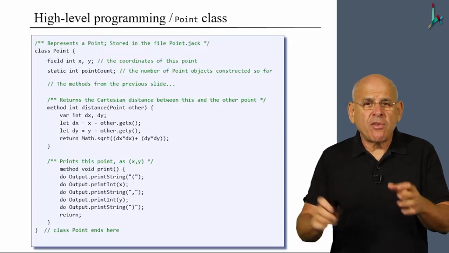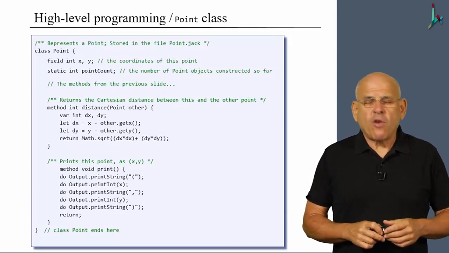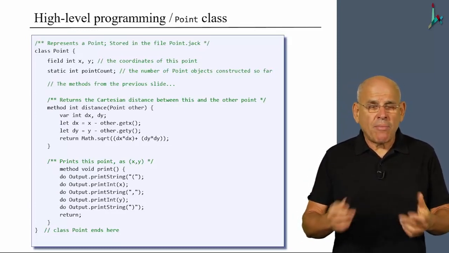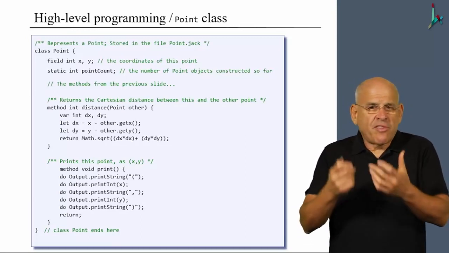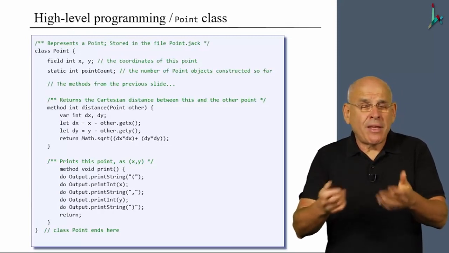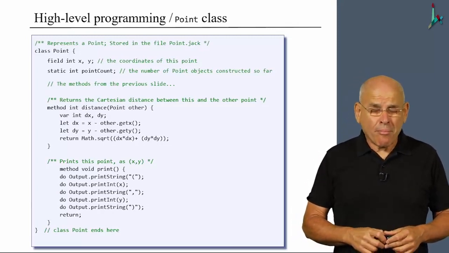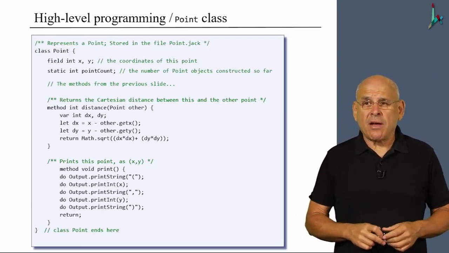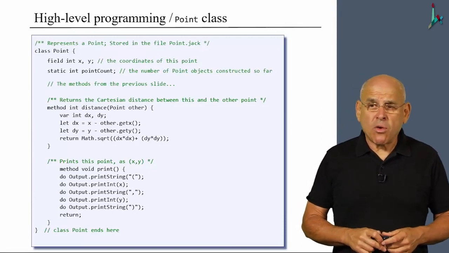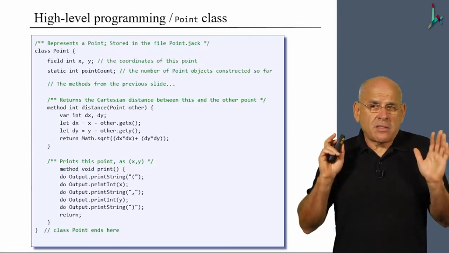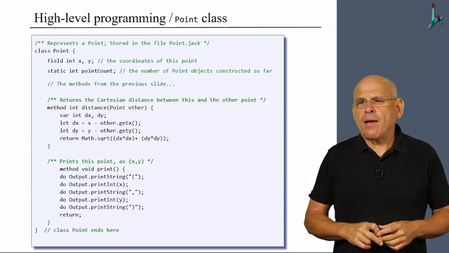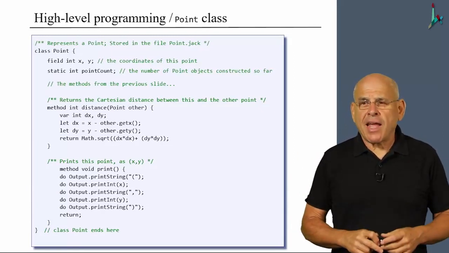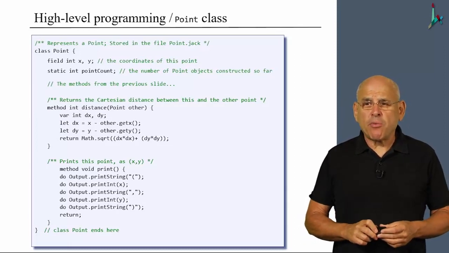The purpose is just to give you a flavor of what object-based programming in Jack is all about, and to give you the feeling that it looks very similar to what you probably did in other programming languages in other introductory computer science courses. So Jack is quite a simple and plain vanilla language for those of you who have some experience in programming.